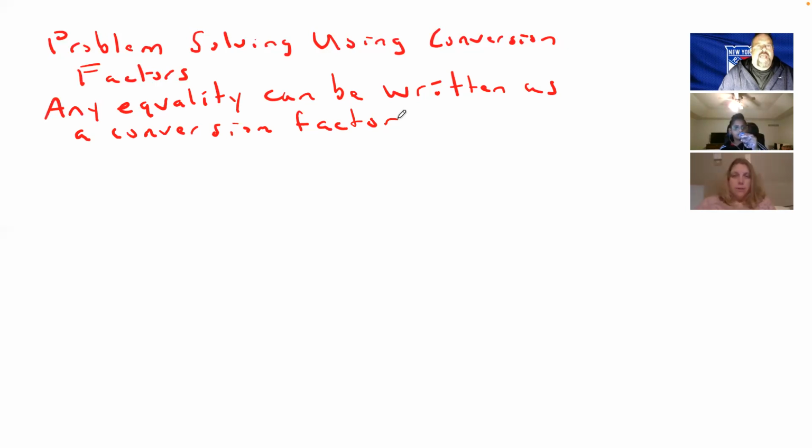Essentially, any equality can be written as not just a conversion factor, it can be written as two conversion factors. Because for your conversion factors, you have fractions that can be written out. And remember, your fractions have two parts. You have a numerator and you have a denominator. And because either part of an equality can be either part of a fraction, essentially that's why there are two conversion factors possible for any equality.